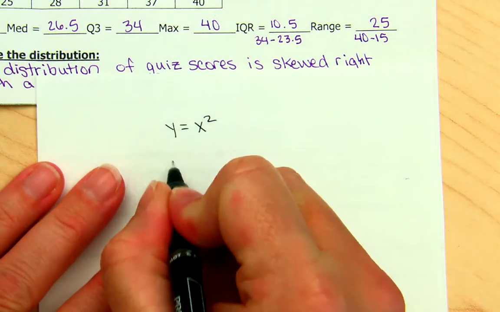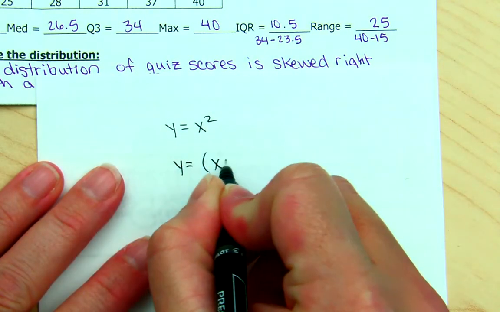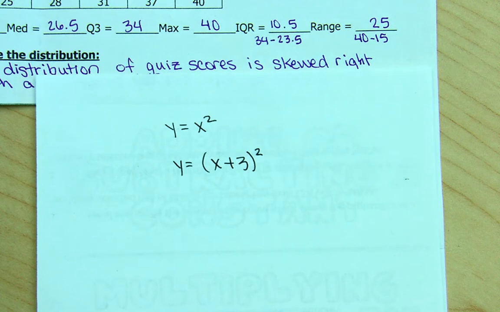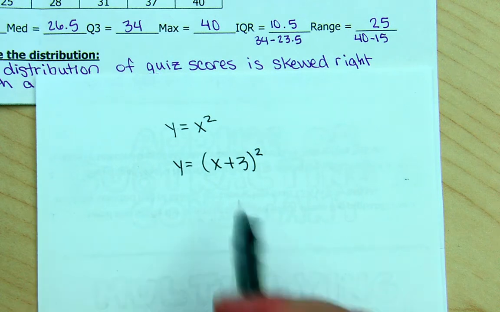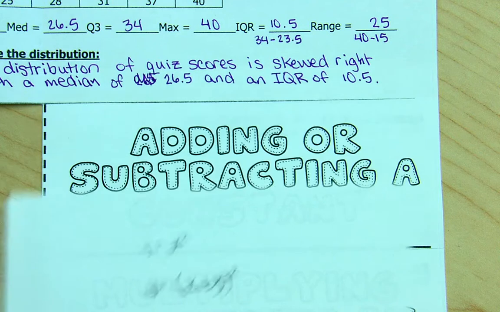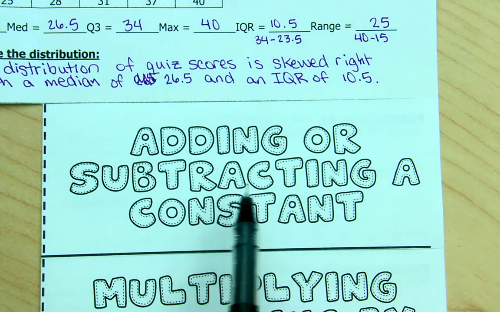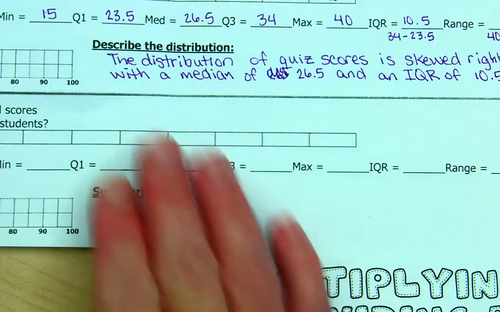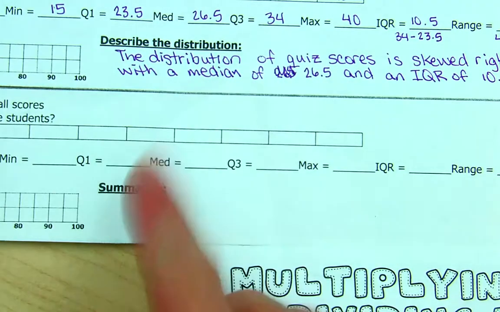What happens if, what does that 3 do? Left. So anything added or subtracted in here is a left-right movement. Same thing here. When we're adding or subtracting a constant, it's going to be a left-right movement. It's going to do the same kind of thing that we saw in Algebra 2 with our parent functions there.